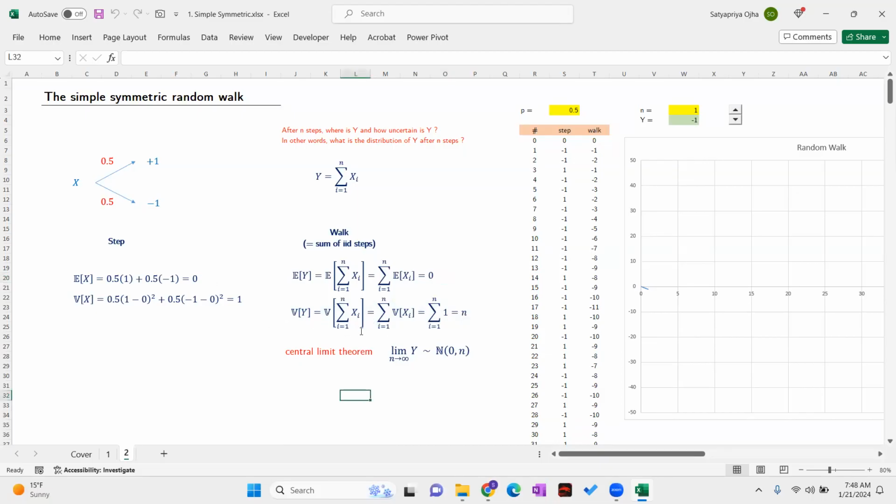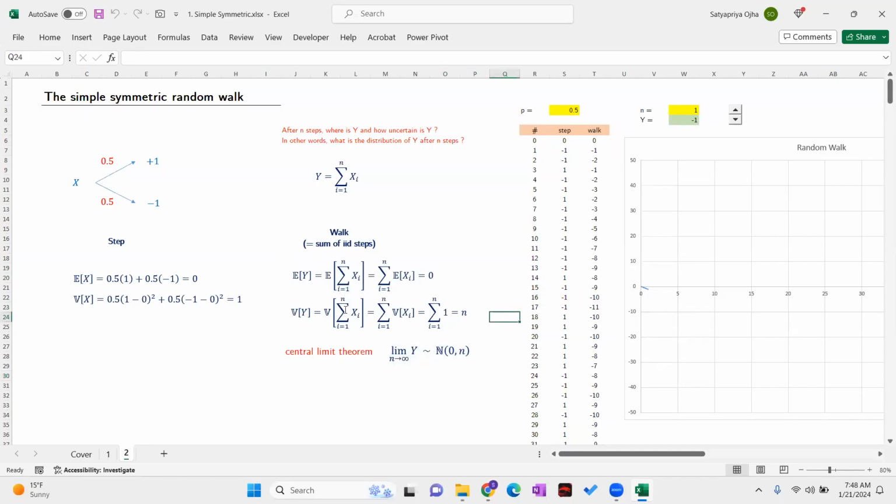Variance of the walk would be sum of individual variances. Why? There is no covariance term because it is independent. Steps are independent, so you just add all the variances, you get the total variance. Each variance is 1. There are n steps, so overall variance would be n. So we got mean of a walk is 0 and variance of the walk is n, which is equal to the number of steps.